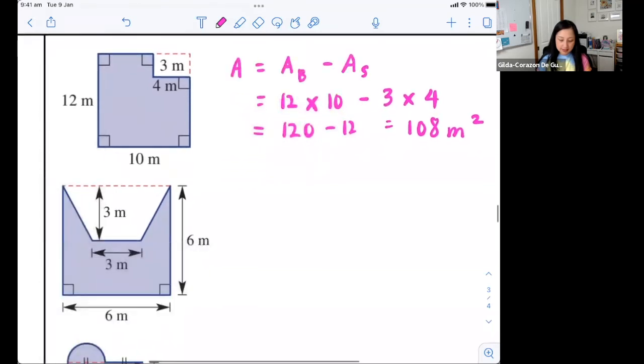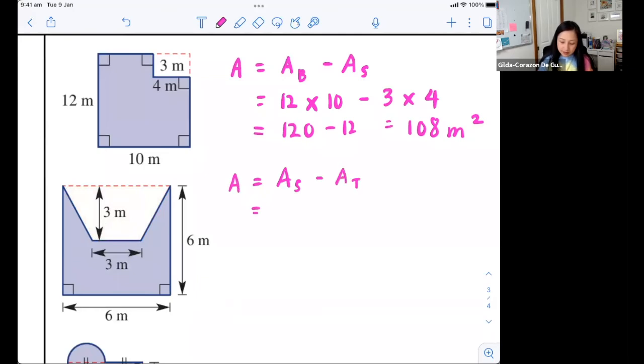Okay, so the same thing with this one. Looks like it's what? A square, right? But this trapezium here is taken out or taken off from that square. Okay, so then again, our strategy is minusing them. Area of the square minus area of the trapezium.